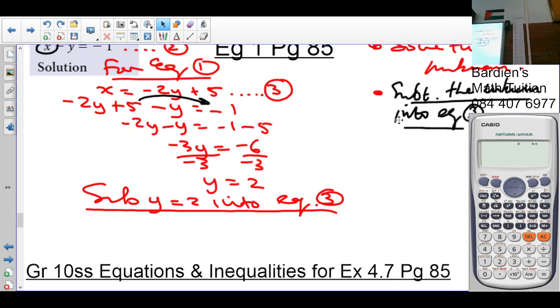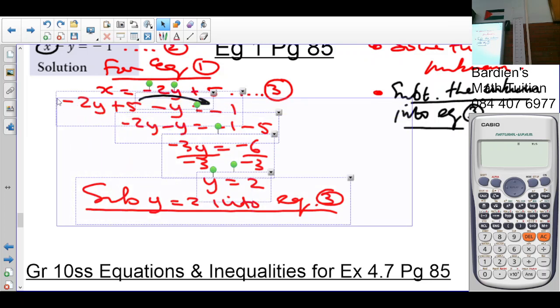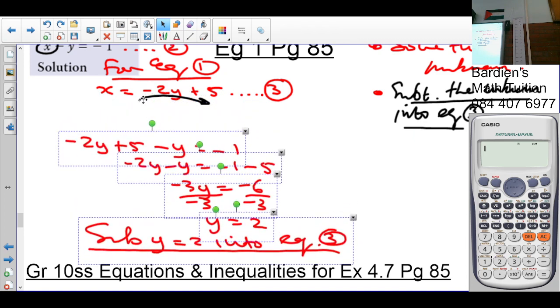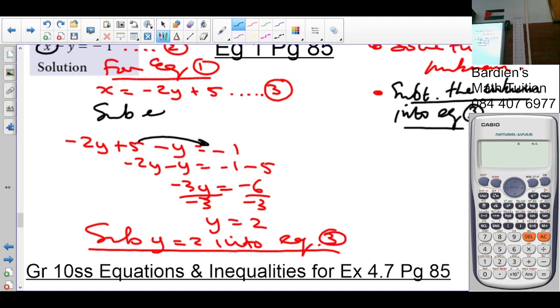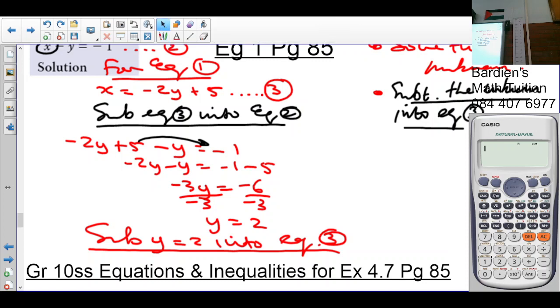So this is something I want you to add here: normally what we write here is substitute equation 3 into equation 2. We always write that there. Okay? So add that in there. I'm going to do the sum again with you now, don't worry.